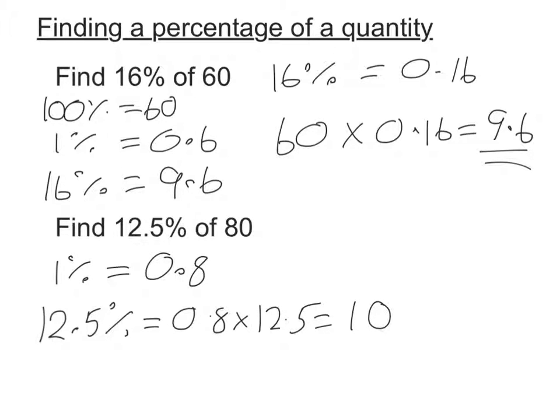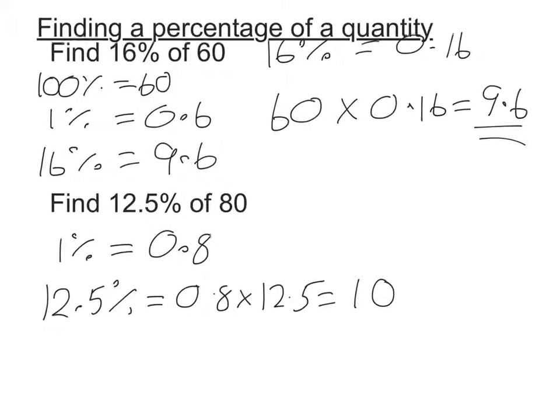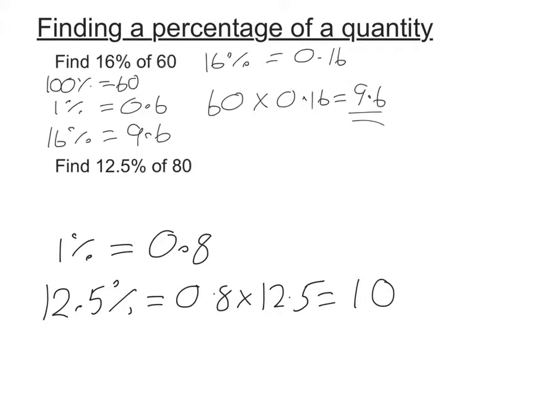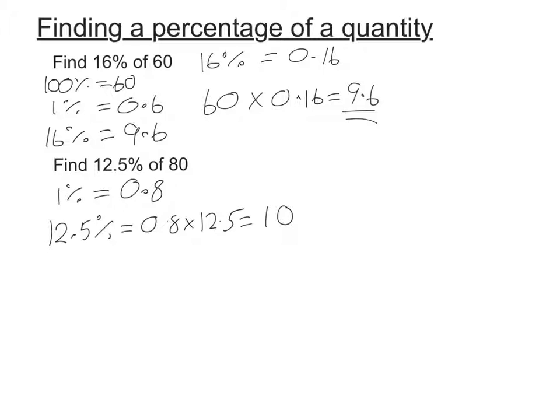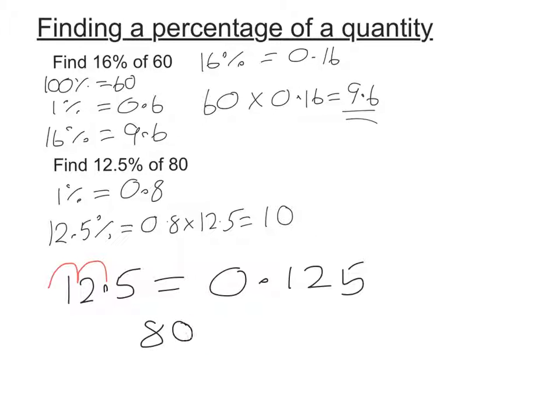If you wanted to do method 2, which I would encourage, you would see that 12.5% as a decimal, divided by 100, is 0.125. Now remember, dividing by 100 is simply moving your decimal point back 2 places. And then you would do your amount, 80, times your multiplier, which is 0.125, and that will give you your same answer of 10.